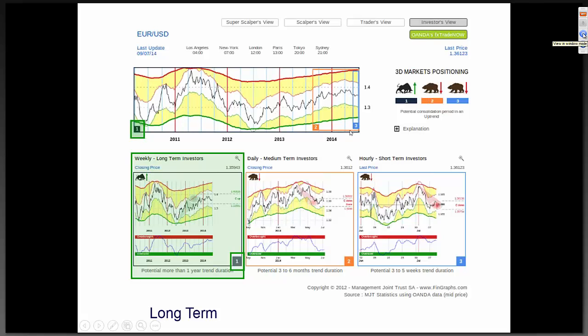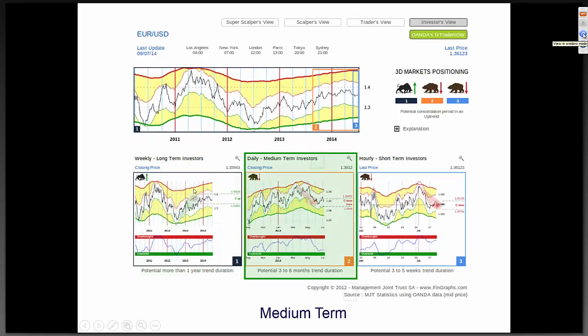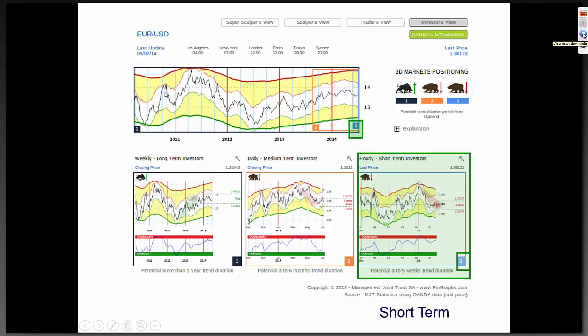The summary box is to put the various frequencies into perspective. So you have a long term, a medium term, and you can see the time span of the medium term versus the long term, and then the short term, which is this small box here put into perspective of the medium term and the long term.